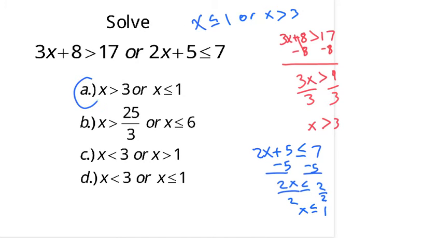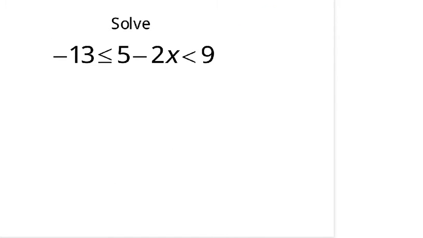Try to see if you could solve this inequality. So we're going to actually show two ways that we can do this. One way is that we could separate it into two inequalities. So we have negative 13 is less than or equal to 5 minus 2x as one inequality, and the other is 5 minus 2x is less than 9.